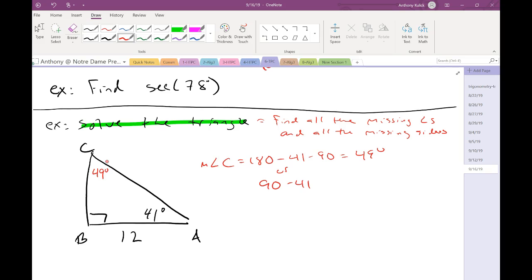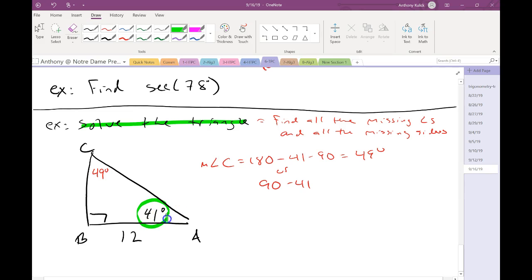Okay. So to find the side lengths, CB and AC, what we're going to use are our trig ratios. I'm going to start by picking an angle that I'm going to use. Doesn't matter which angle we pick, but we need to pick one.